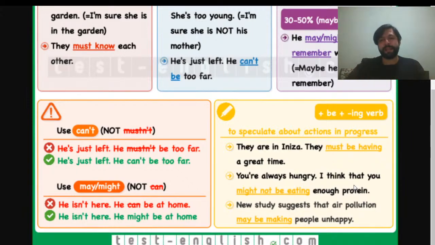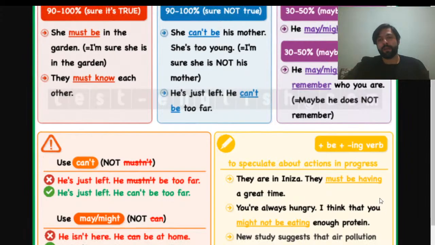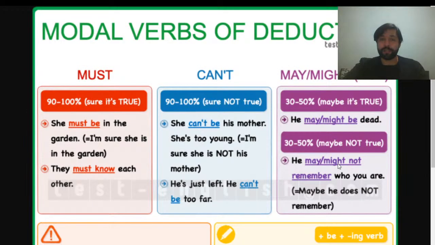And new studies suggest that air pollution may be making people unhappy. Então, poluição pode estar causando, pode estar fazendo as pessoas infelizes. So we use exactly the same structure in Portuguese. So this is kind of instinctive to us. The modals of deduction were another detail that we studied more specifically in Unit 4.